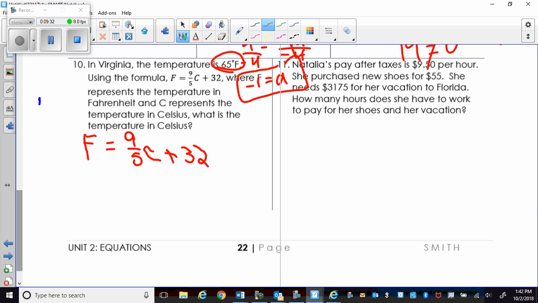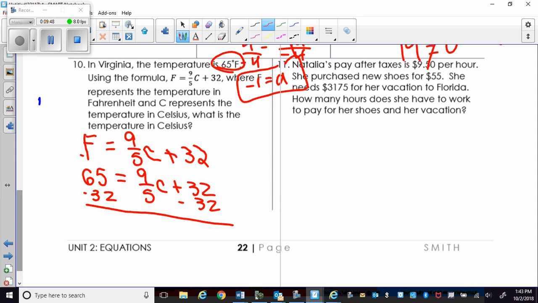The Fahrenheit temperature is 65 degrees. You replace F. Subtract 32 on both sides. You get 33 equals 9 over 5 C.